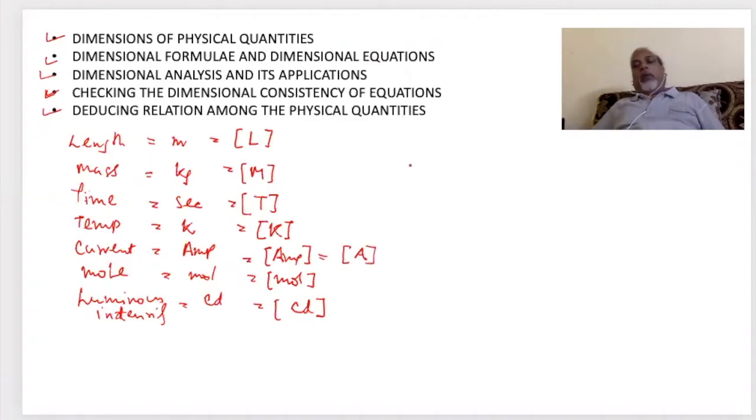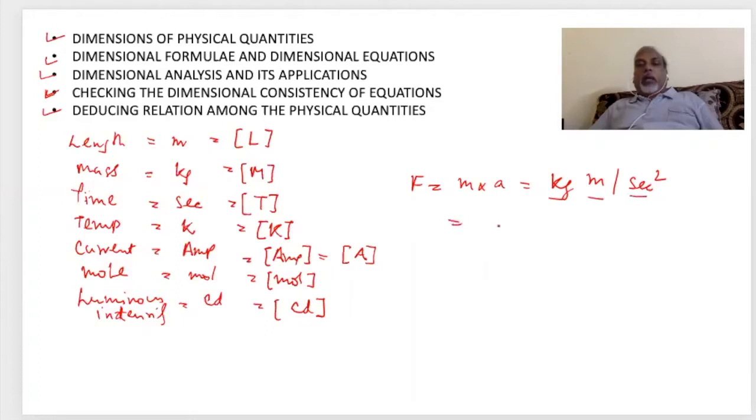Then we talked about the derived physical quantities like force. This was nothing but M into A. It was nothing but kg meter per second square. So this force is represented in fundamental units like this.